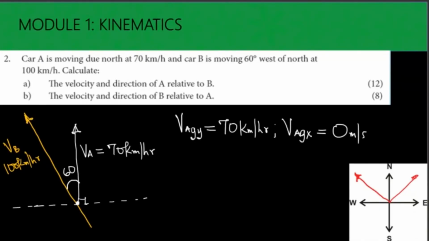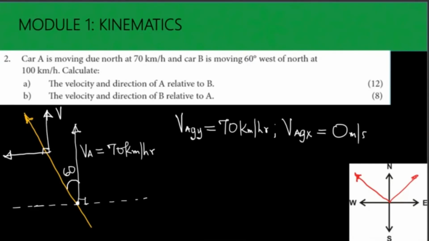Let's look at B. Now, if you look at B there, you can see that it's at an angle, right? So it simply means that you have to resolve into vertical and horizontal components. We have the vertical component of B, and then we have the horizontal component of B. The vertical component is what?